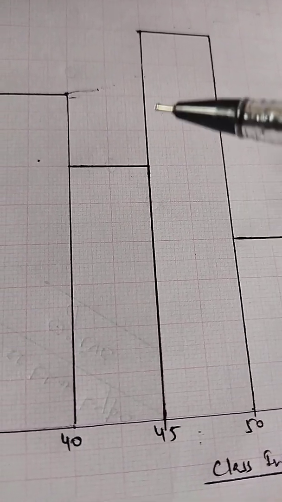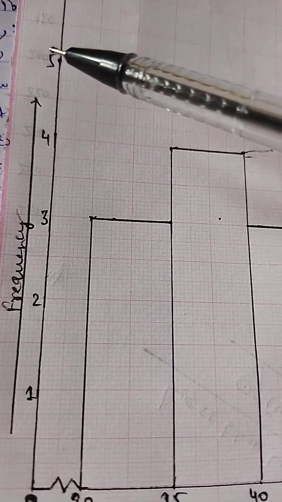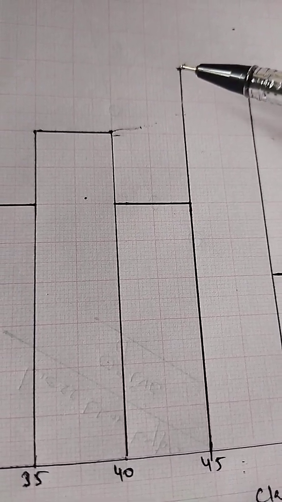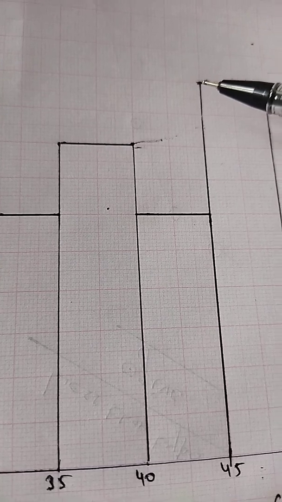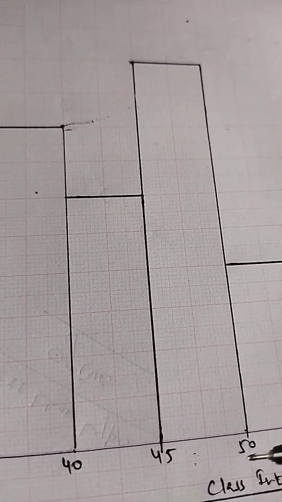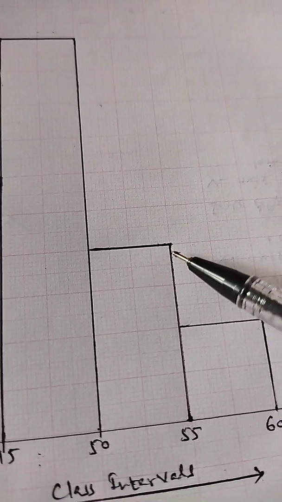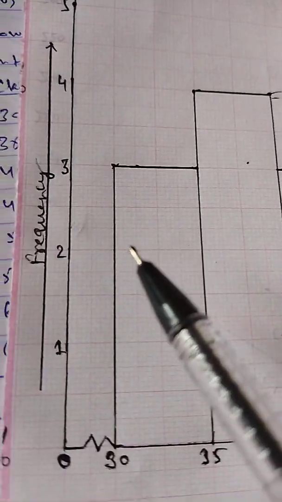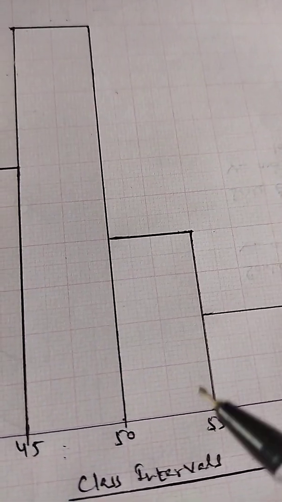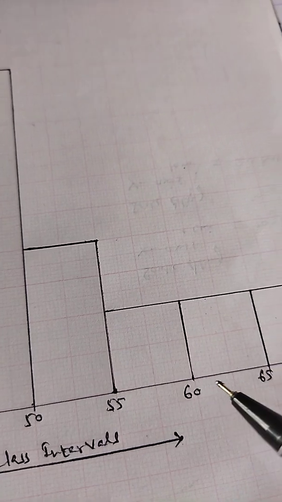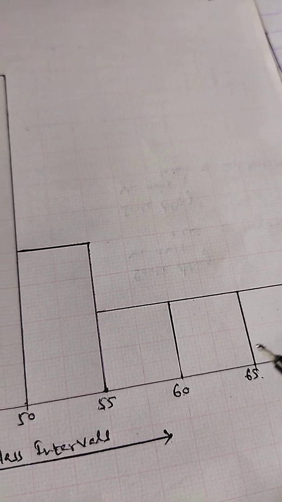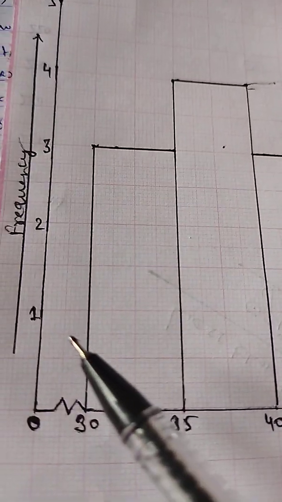So at 45 you need to extend up to 5, parallel to this, and then close it at 50. Then the next, 50 to 55, is 2. So for 50 to 55 you can see here I have closed, this is parallel to 2, and block it at 55. Now 55 to 60, 60 to 65 and 65 to 70 all have a frequency of 1. So I have blocked all 3 at 1.